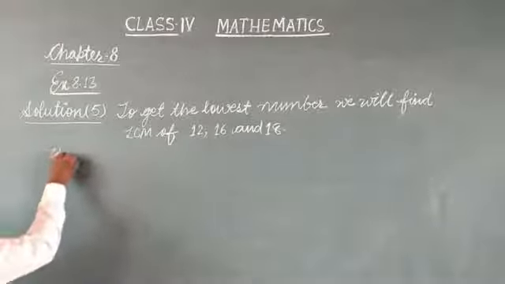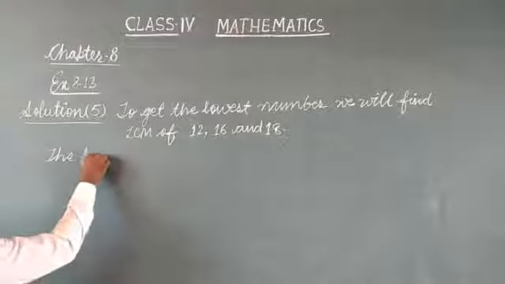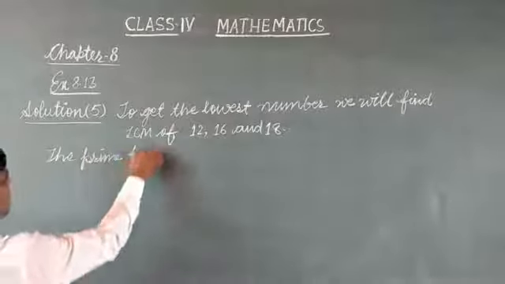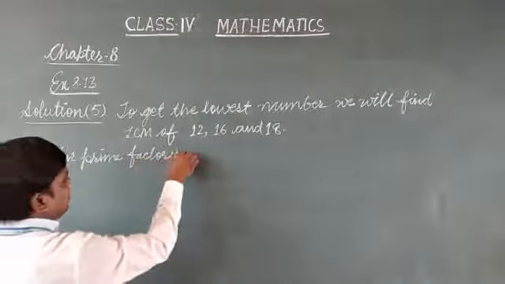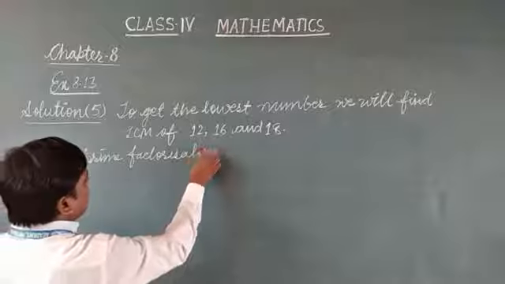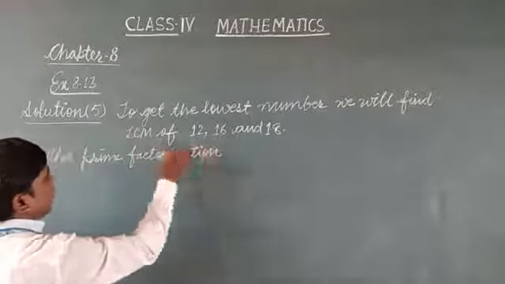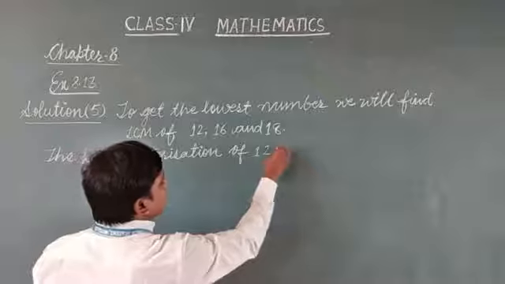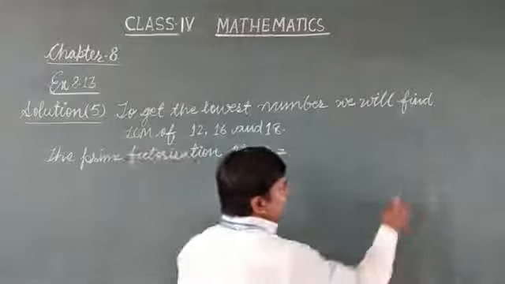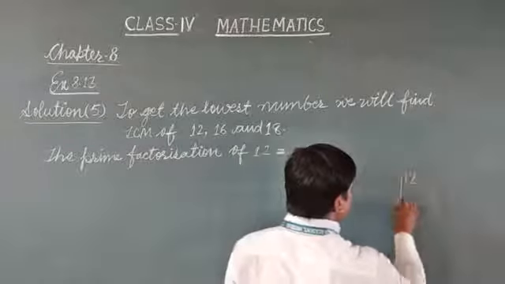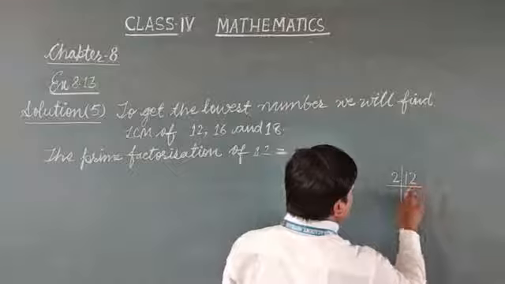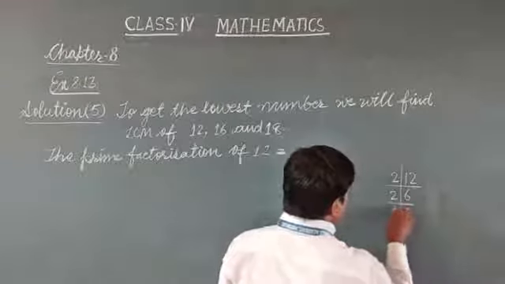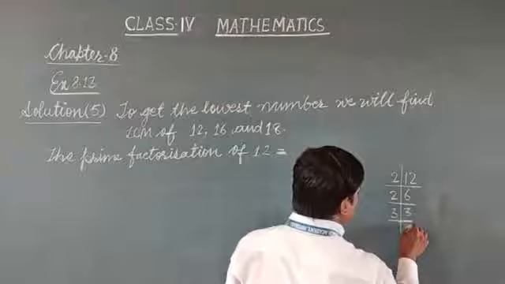So the prime factorization of 12 is, we write here 12, 2 sixes are 12, 2 threes are 6, 3 ones are 3.